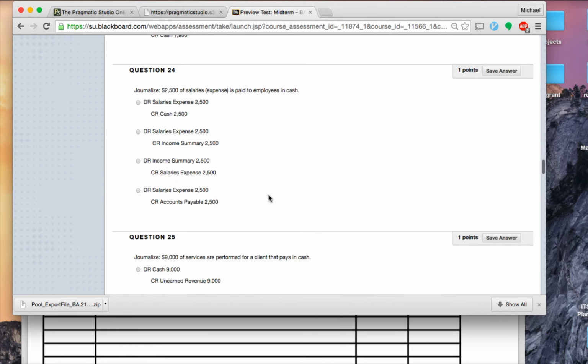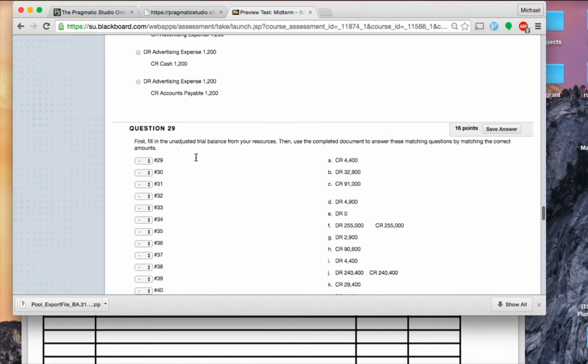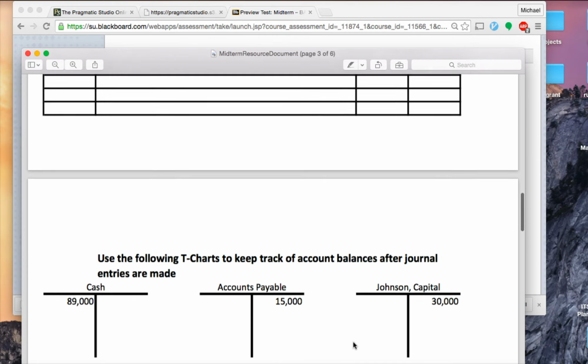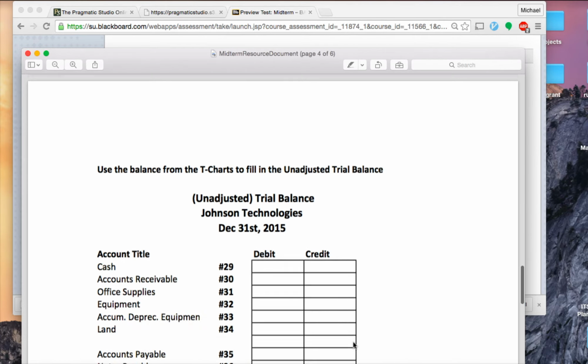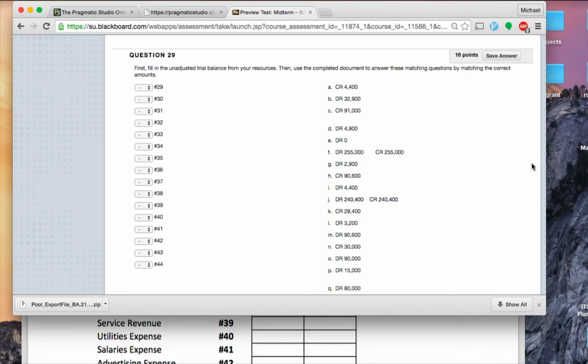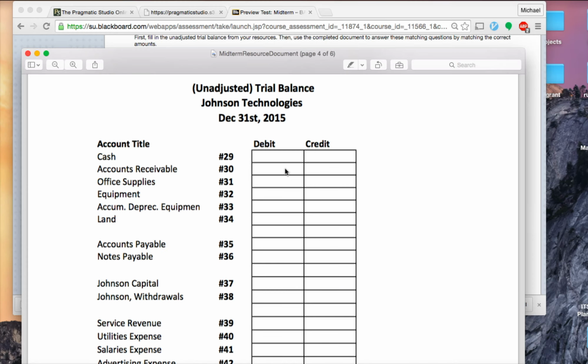You'll do all the journal entries listed, and then when you get to question number 29, this is your unadjusted trial balance. So if we scroll down here to our unadjusted trial balance, you'll see that if you filled this out, that corresponds starting with number 29 right there. So number 29 over here, you'll pick a letter A through U, and that letter corresponds with these numbers over here, A through U, and you'll find whatever's the right one from what you have entered here.